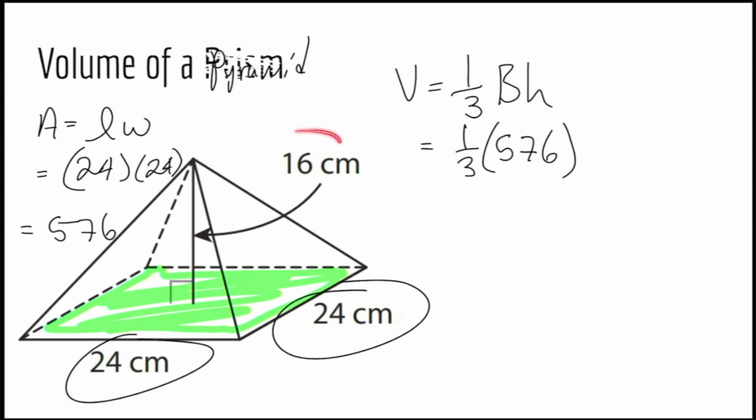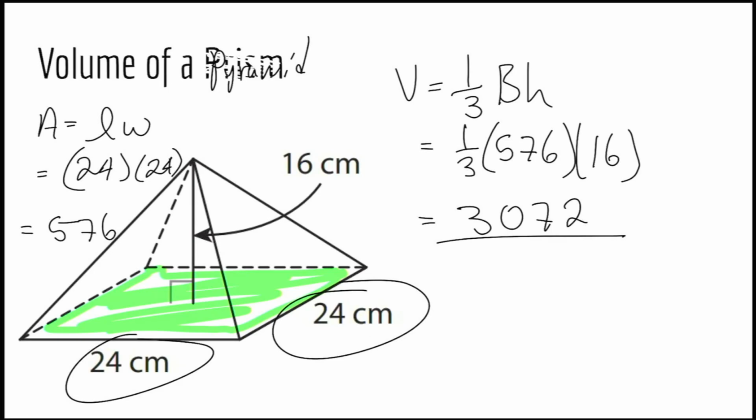So the height of my pyramid is going to be 16. So once again, I'm just going to plug in 16 into my formula. If I plugged it in right, that's going to be a total of 3,072. Once again, we're going to be using our units, and we're going to be doing cubed because we're finding the volume.